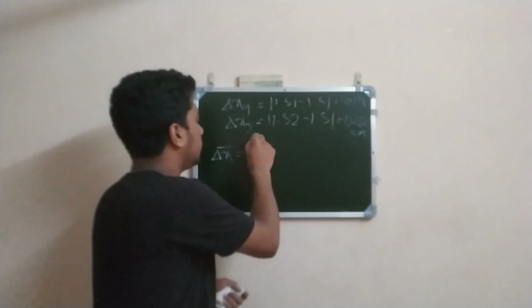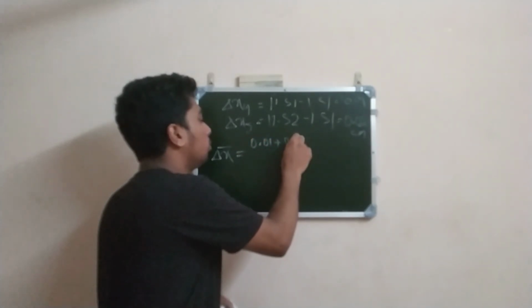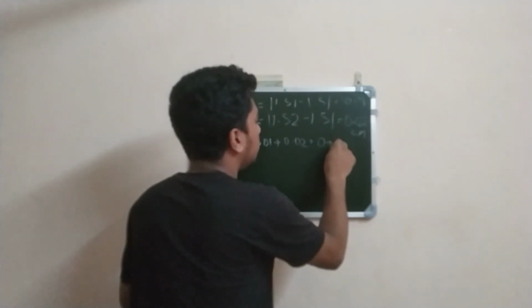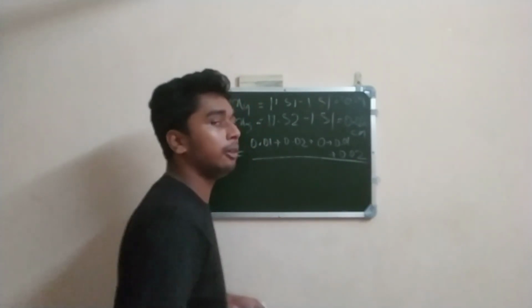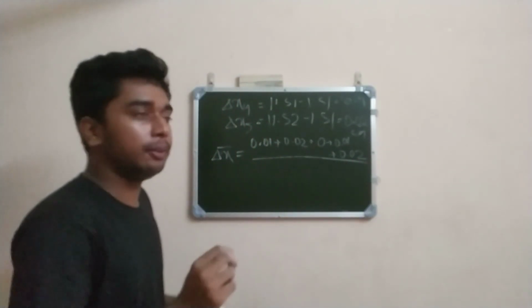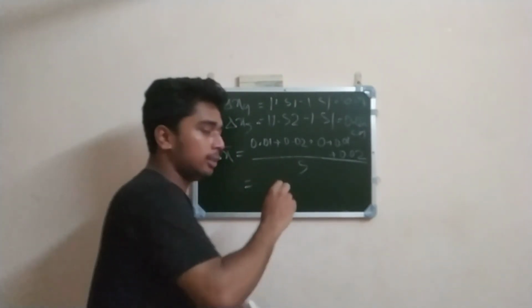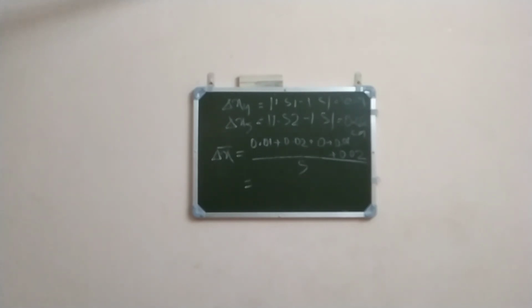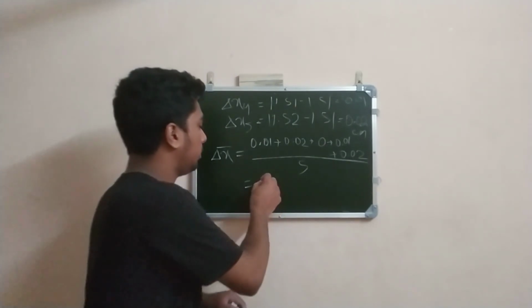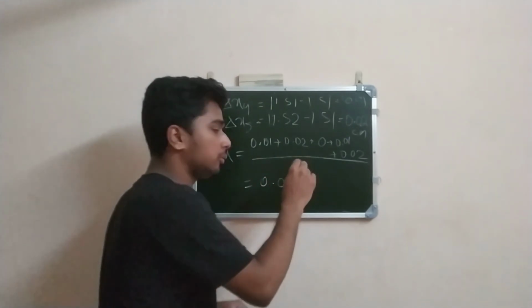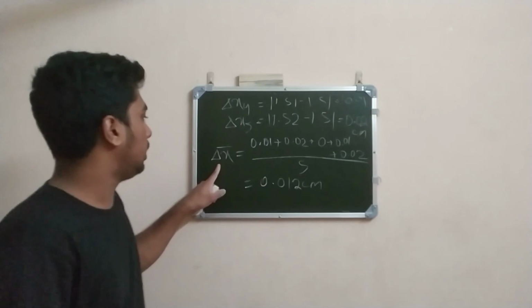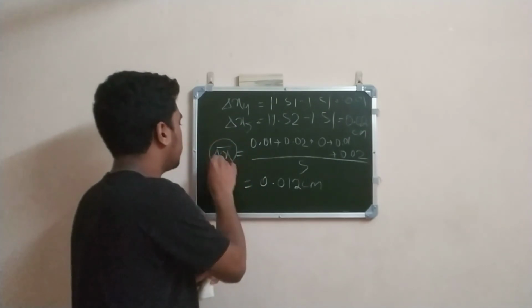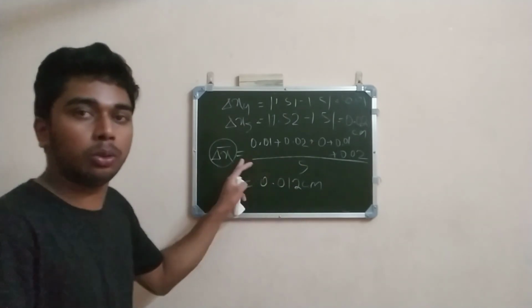The average will be 0.05 plus 0.01 plus 0 plus 0.01 plus 0.02, and since I have 5 data points, I divide by 5. Here you will find it is 0.018 centimeter. So this is the average deviation from the actual data, the average of all the deviations.